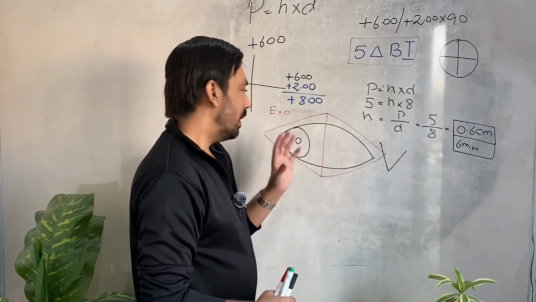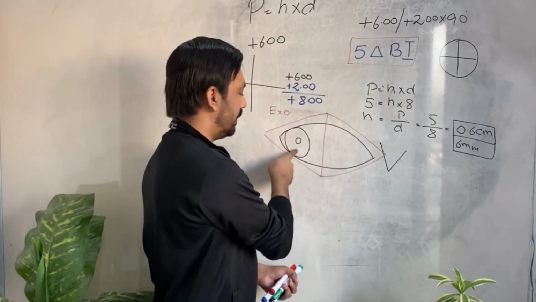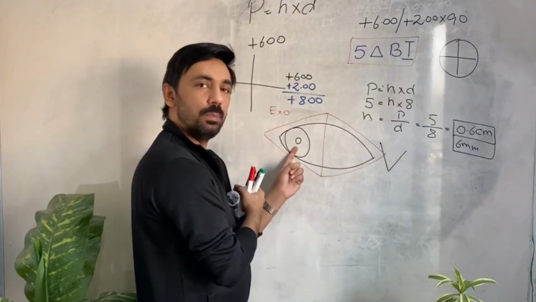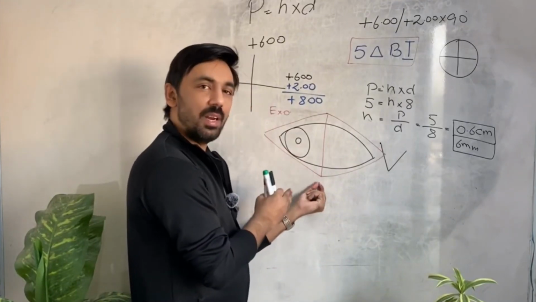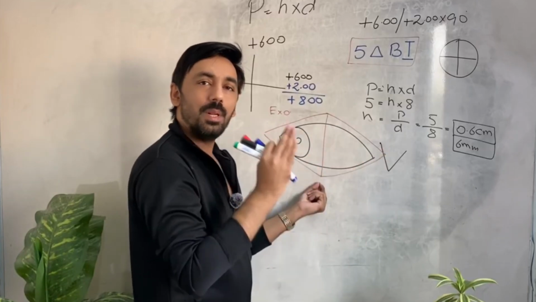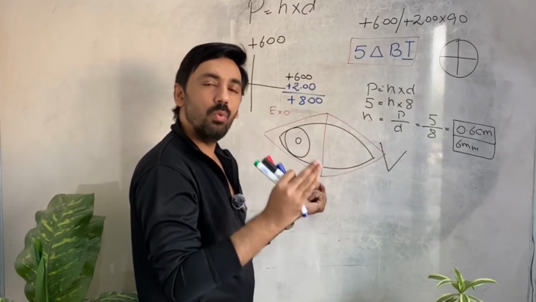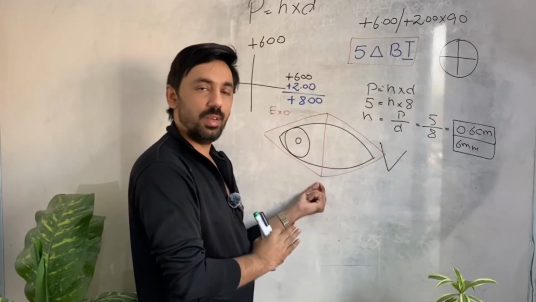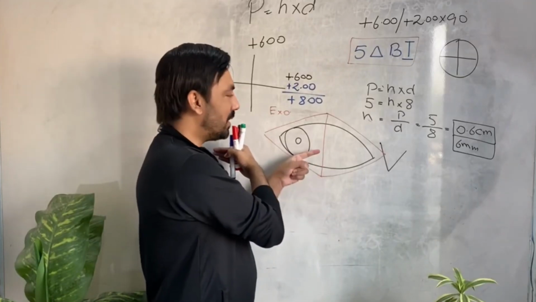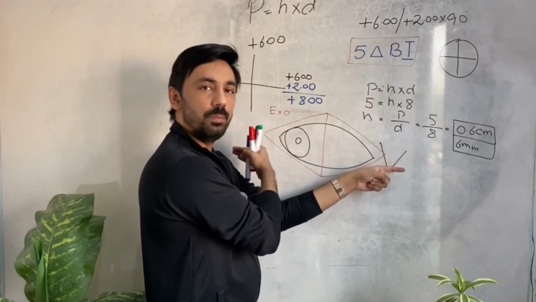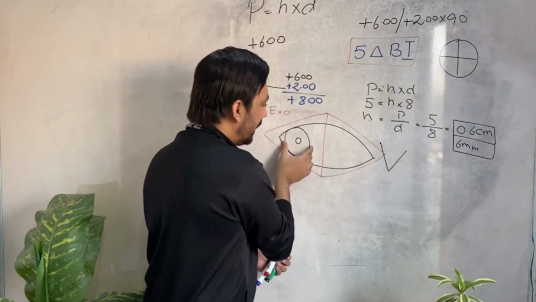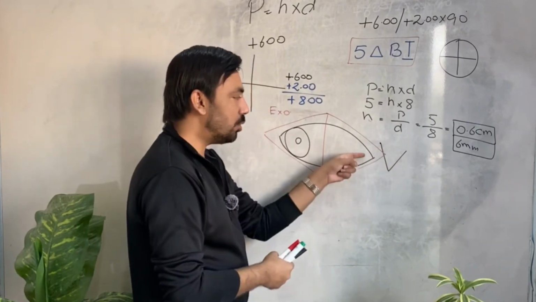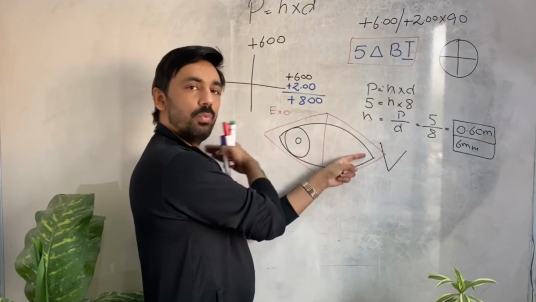Now remember that if the deviation is exo, you will move the plus spherical lens in the opposite direction. The plus spherical lens will always move in the opposite direction of the deviation. If the deviation is outward, the plus spherical lens will move inward to correct that deviation, right? If the deviation is inward, if there is eso deviation, the plus spherical lens will move outward.